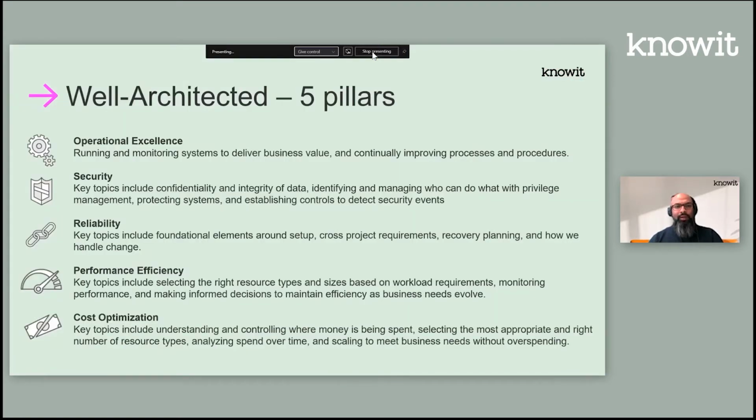Then they have the five pillars. This is more or less similar to Azure's naming convention, but of course this is the standard naming convention. This is the sequence of the five pillars when you want to assess.